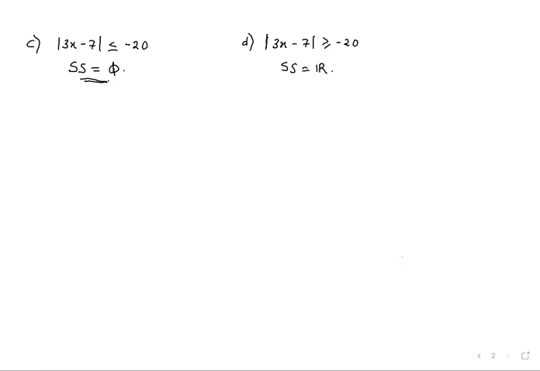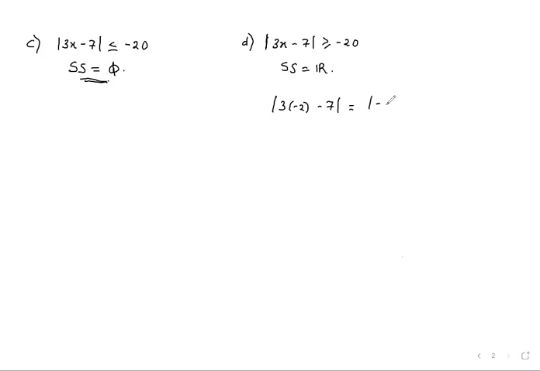Now on D, you are saying that all real numbers will be greater than negative 20. Whatever value of x is evaluated, by the time it comes out of the modulus, it will be greater than negative 20. Give an example. What if I say negative 2? So we'll have 3 times negative 2 minus 7.